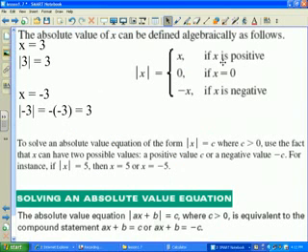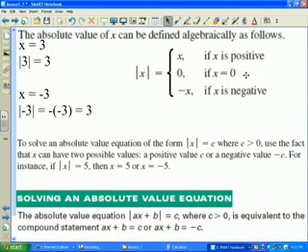Here on the right-hand side, you see an algebraic definition of the absolute value of x. This is what's called a piecewise definition. The definition is in three pieces depending upon the domain to which you are referring. So the absolute value of x is just x as long as x is positive. For example, if x is 3, the absolute value of 3 is 3.